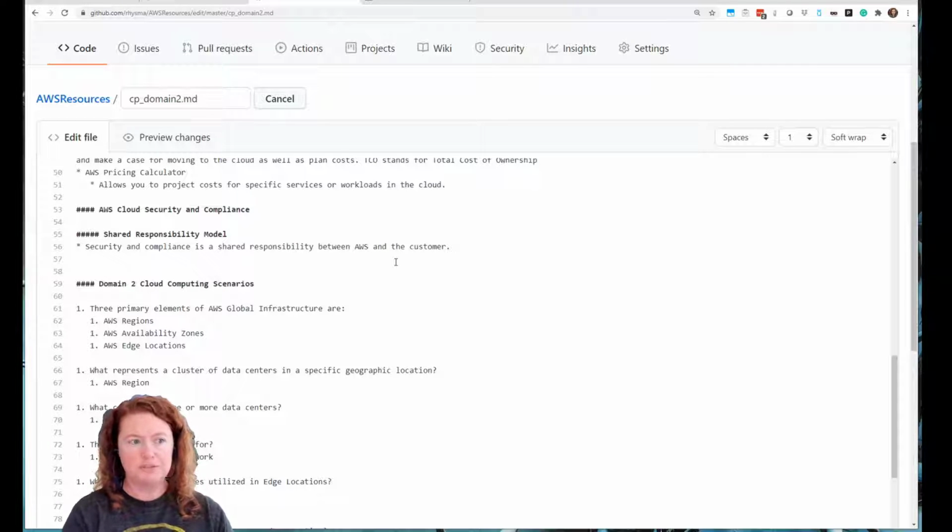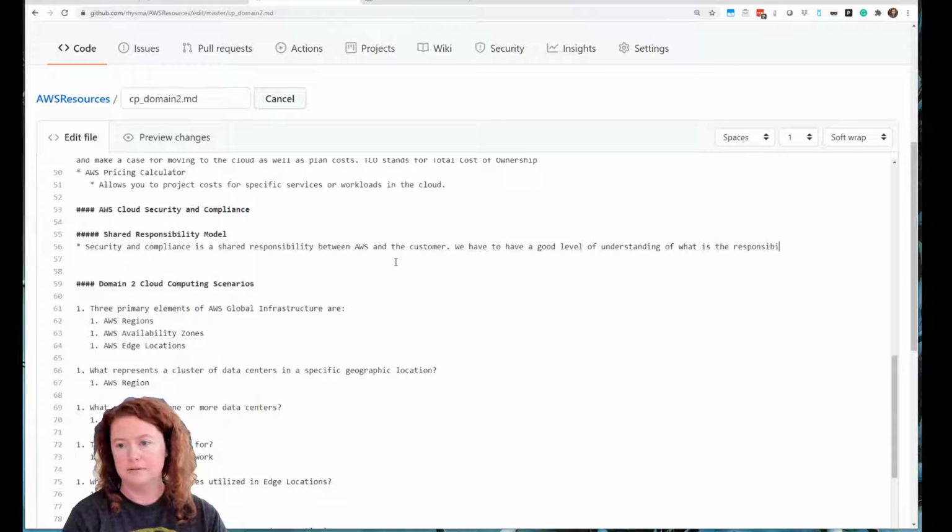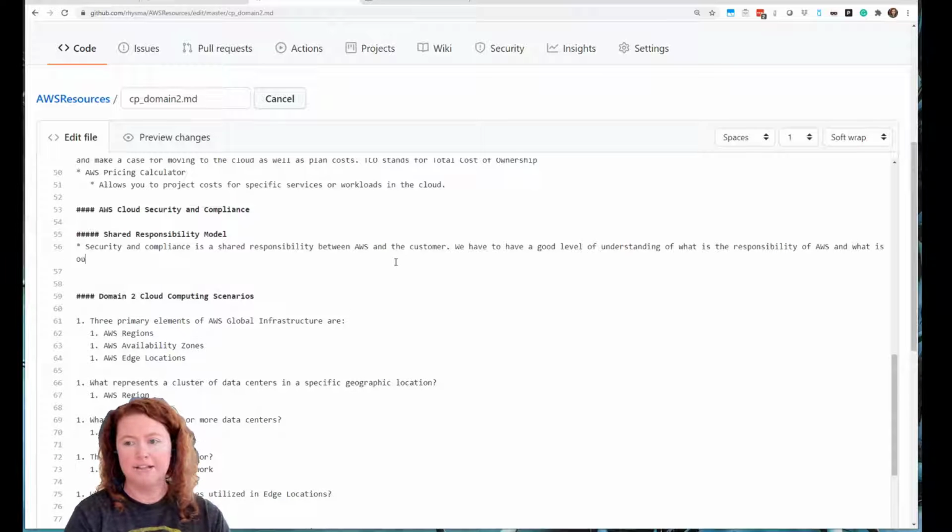Since it's a shared responsibility, we have to have a good level of understanding of what is the responsibility of AWS and what is our responsibility as the customer.